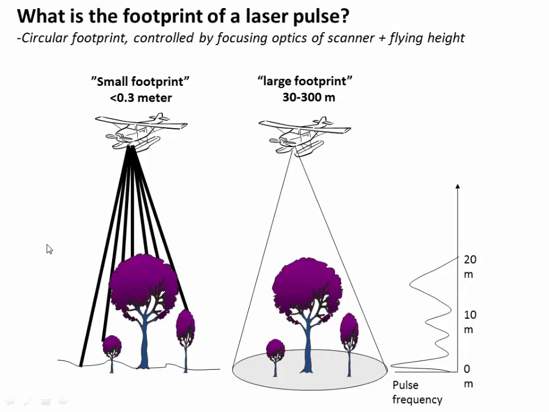Now, one benefit of LiDAR is that the footprint is often very, very small. It's usually a circular footprint. And for most terrestrial LiDAR, the small footprint LiDAR, it would be less than 30 centimeters, so a pretty small little laser spot. However, there are certainly applications that use large footprint lasers with spots ranging well into the hundreds of meters.